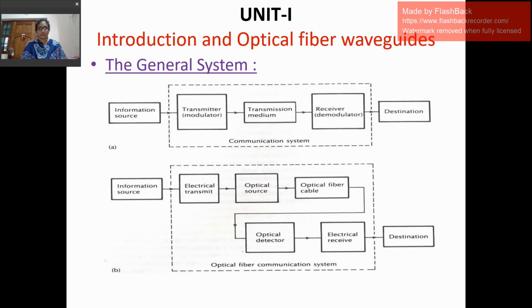The general communication system consists of a transmitter, medium, and receiver. The transmitter takes the data or message from the information source, which is normally in non-electrical form. But in a communication system we need an electrical signal.